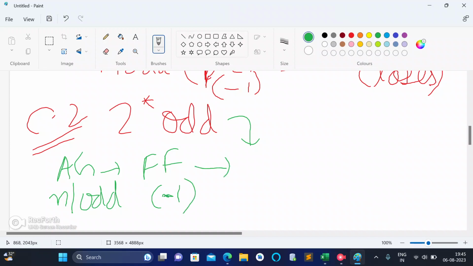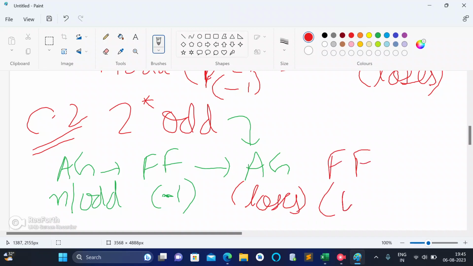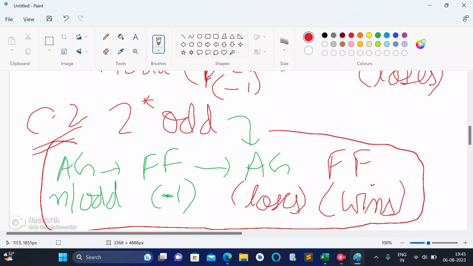Fastest finger will say okay, now 2 is present with us, so he will subtract 1. Now Ashish Gupta comes and says the number becomes 1, so I won't be able to make any move. So Ashish Gupta loses and fastest finger wins. You will think of this approach, but this approach is actually incomplete.